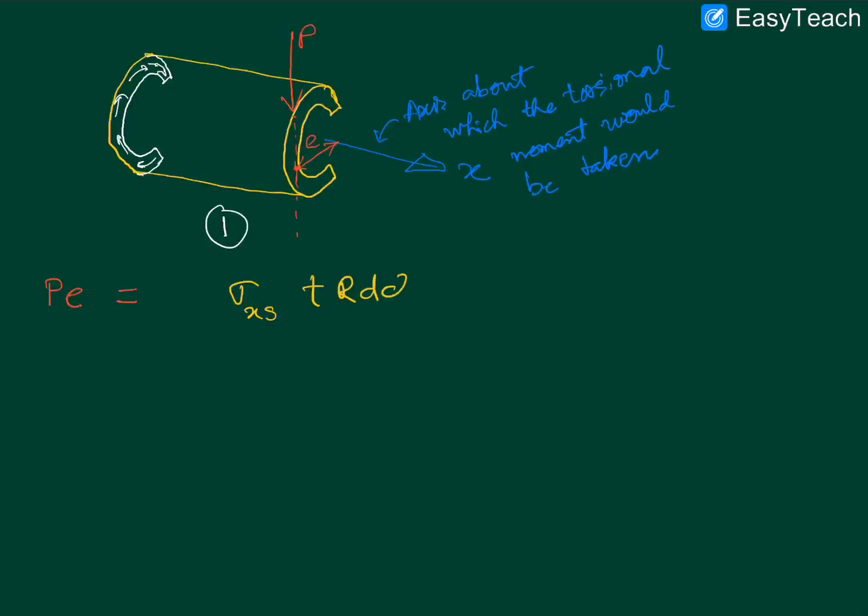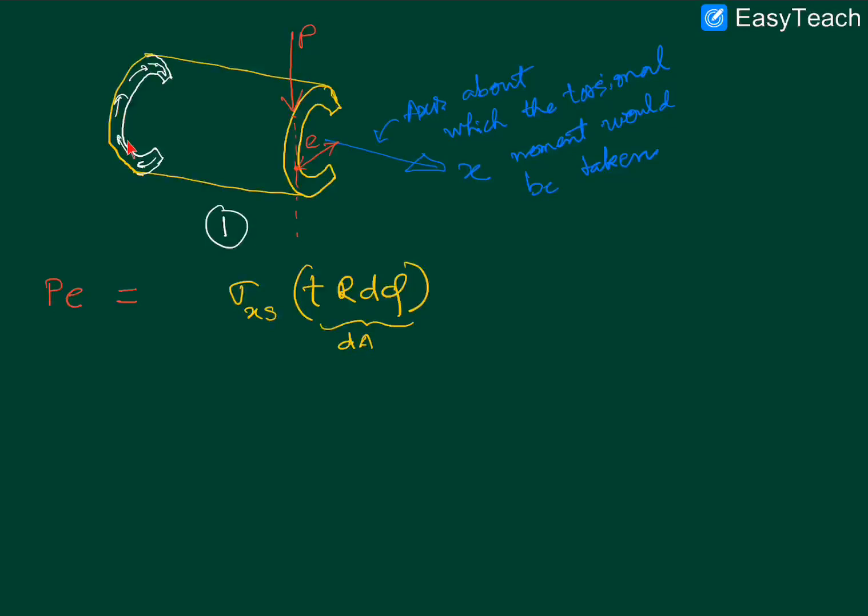So this is the elemental area, and multiplied with the shear stress that gives us the elemental force, and we have to take the torsional moment of this about this axis.